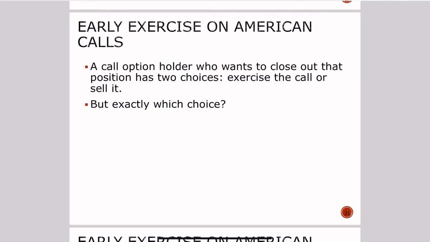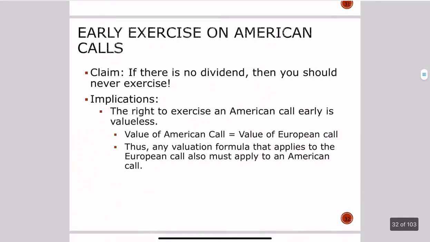Next, if you have American puts, then no matter whether there is a dividend, possibly you will want to exercise your puts early. So that's the preview of our results. Now let's look at these results one by one.